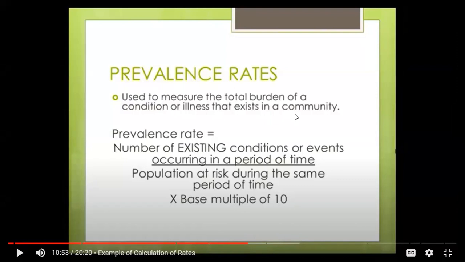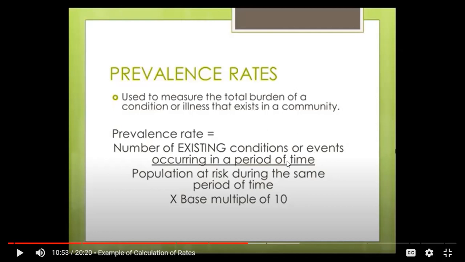So prevalence, or sometimes we refer to it as prevalence rate, is the proportion of persons in a population who have a particular disease or attribute at a specified point in time or over a specified period of time, right? So next, how do we calculate it? The number of existing conditions or events occurring in a period of time.